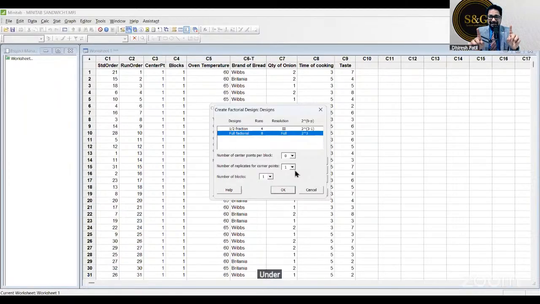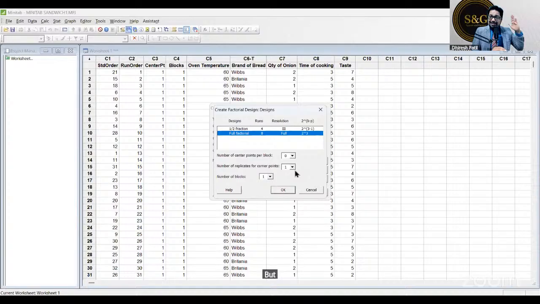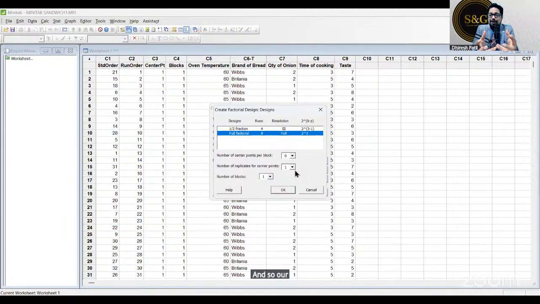We are only considering experimental factors, Ajay, Vijay, Sanjay. But Sia's father was also a factor and we are not considering that in the experiment, so our conclusion will not be accurate and precise.